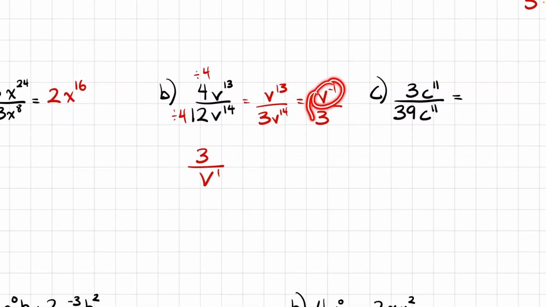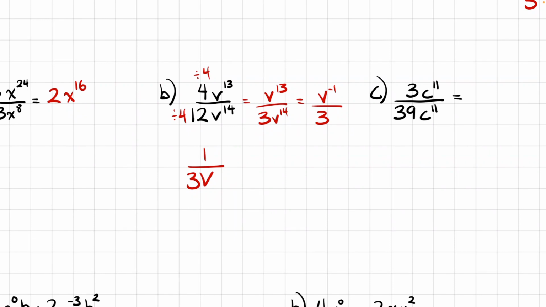This v has the power to come down here because we're fueled by the power of negative powers. This 3 is still stuck in the bottom. What's left over on the top? Anyone? It is 1. So whenever you have nothing left over on the top, you say it's a 1. And it's more simplified to not write this power of 1 and just say it's 1 over 3v. Feeling good about that one?